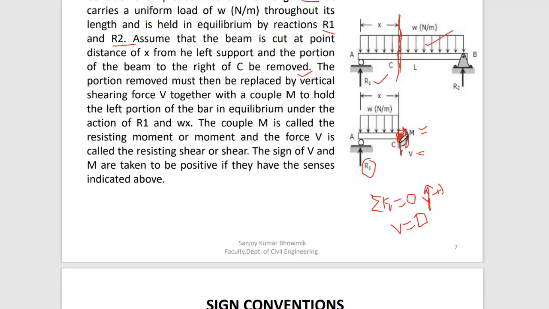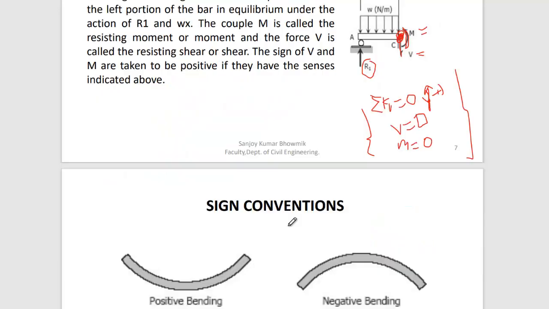If you take moment at point C, the forces passing through C give 0 moment, so you get the moment developed by R1 and the distributed load, and that time you can get the value of M. Again, this is a part of the basic mechanics. That's why I have given you an assignment from basic mechanics. Do you understand the importance of that assignment now?